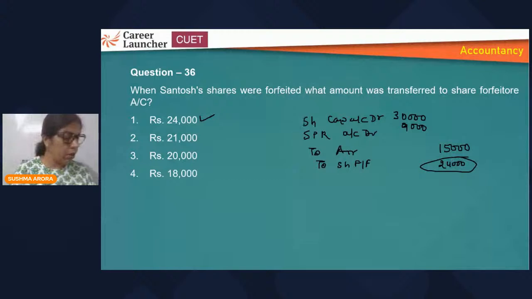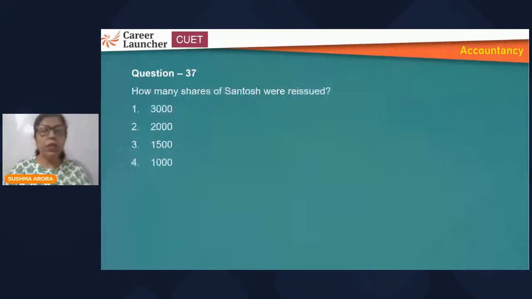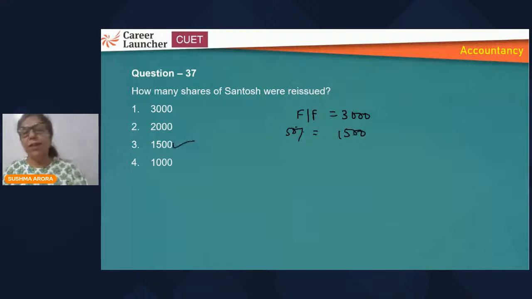Now, how many shares of Santosh were reissued? See, how many shares forfeited? 3,000. 50% reissued now. So 50% is 1,500. Simple. His reissued shares are 50% of forfeited. That's why we can calculate directly.